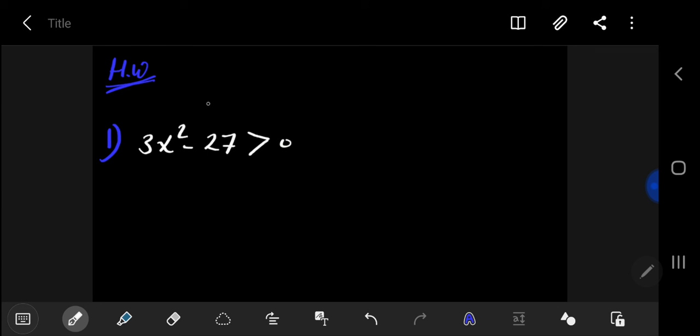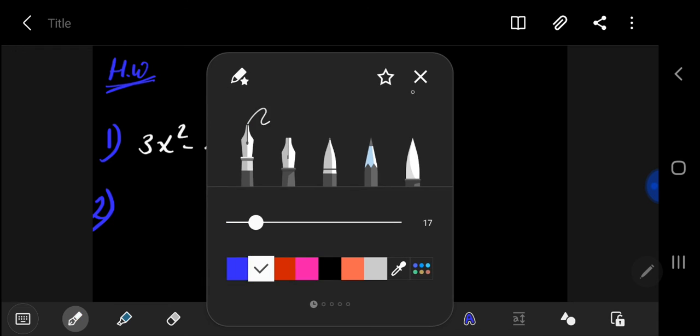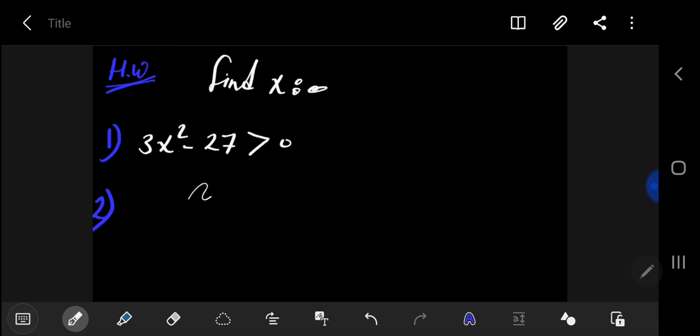Find the value of x. And the second one will be: 2 smaller than or equal to the absolute value of x plus 1, smaller than or equal to 4.